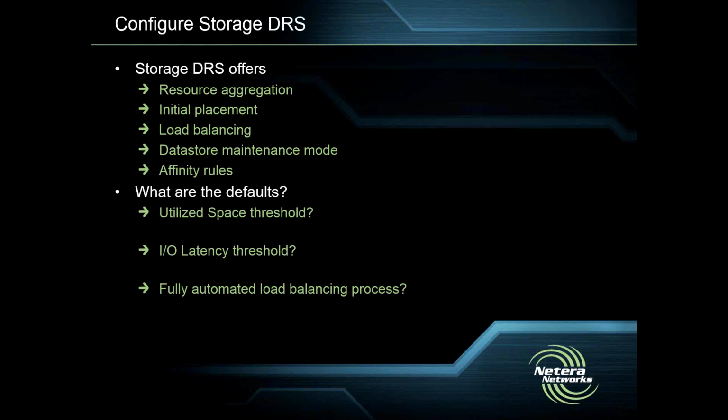So initial placement will try to balance the capacity of all the data stores, similar to load balancing CPU and memory usage across ESXi hosts, right? You don't want to load up one or two data stores a whole lot when you have another perfectly fine data store that's empty. Storage DRS will be able to place your virtual machines across data stores to balance the capacity out.